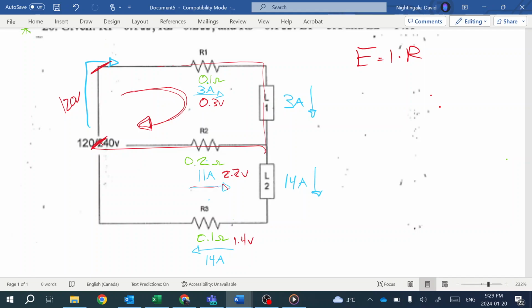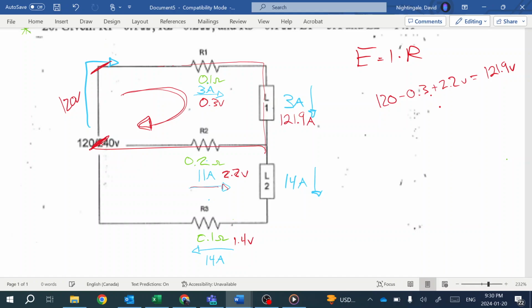So we would have 120 volts minus 0.3 volts, which brings us to 119.7. But then you add the 2.2 volts, and that's going to give us 121.9 volts. So that's what we're going to have at that load. 121.9 volts.